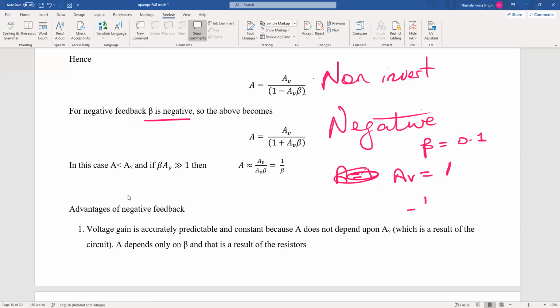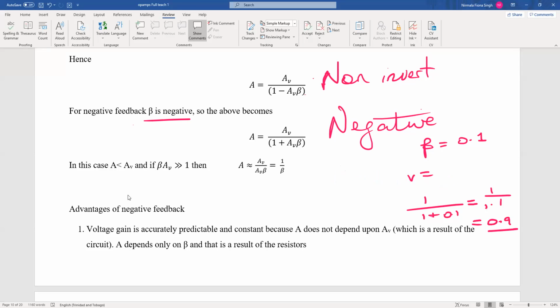It's going to be 1 over 1 plus 0.1. So it's going to give you 1 over 1.1, and that's 0.9. So here you can see if AV is 1, your gain will be less than your closed loop gain. You all see that?